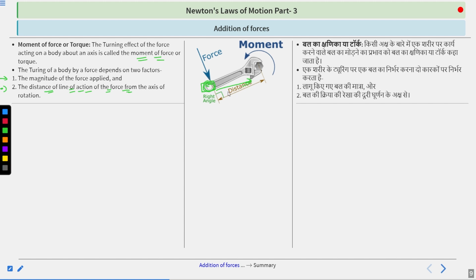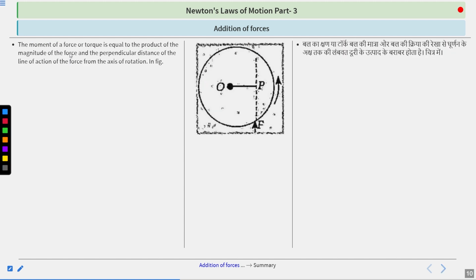If the distance is less, the impact will be lower; if the distance is more, the impact will be higher. So these two things decide the moment of force or torque. The moment of a force or torque is equal to the product of the magnitude of the force and the perpendicular distance of the line of action of the force from the axis of rotation.